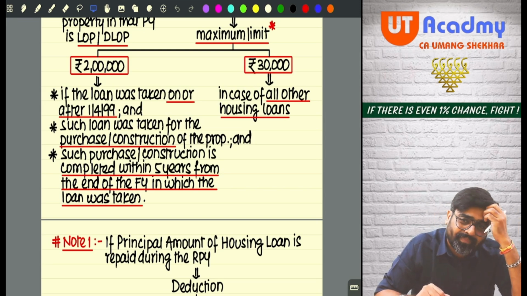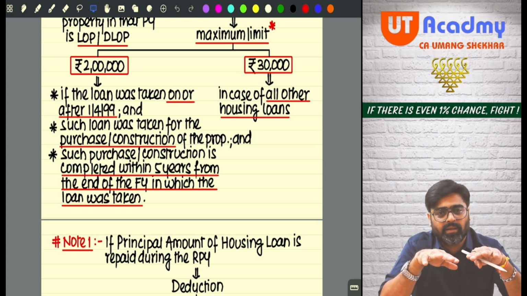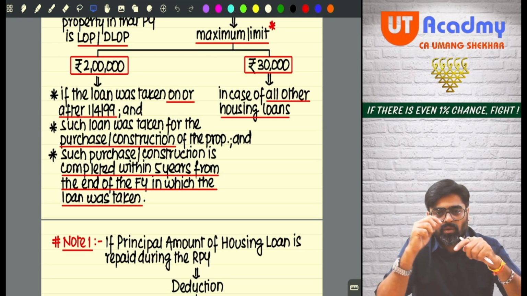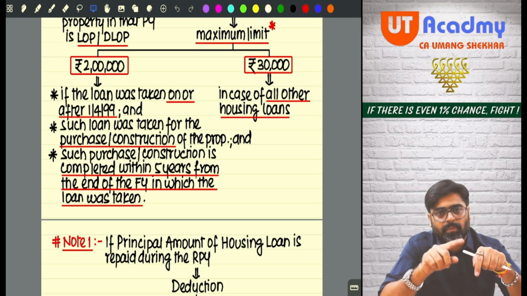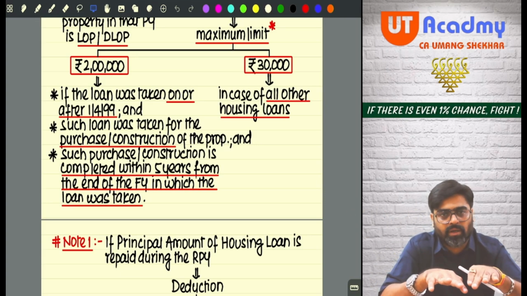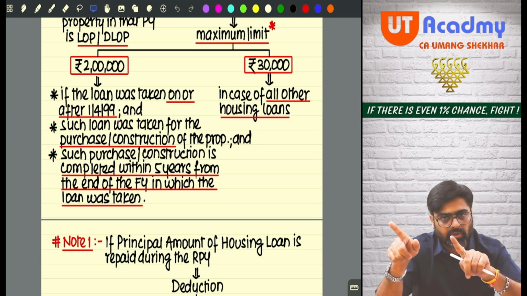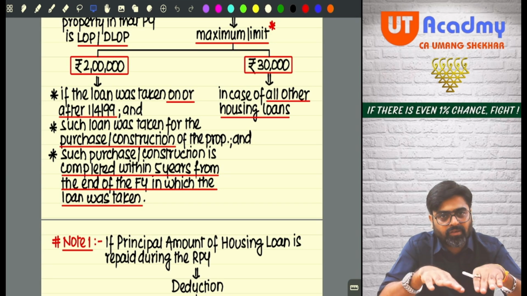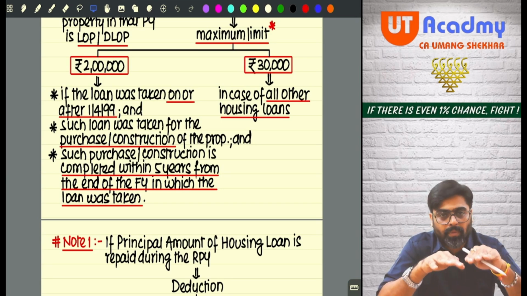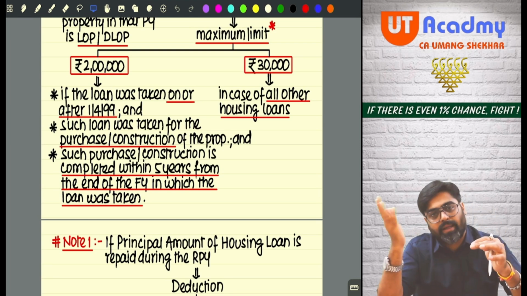Getting my point? So tell me, this year, the status of your house property is LOP or DLOP, and for this house property you have taken some loan. On that loan, whatever interest becomes due in this year will be allowed fully in this year only, without any monetary limit. Understood? For example, this year, 24-25, the property was SOP, and for this property you have taken a loan.